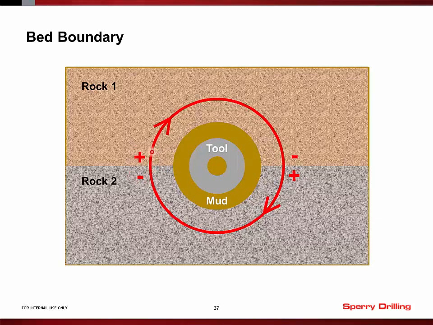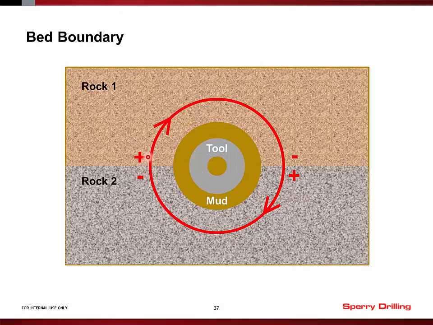And when that happens, you get an accumulation of charge. You can think of this as somewhat like a capacitor in an electrical circuit. The charge builds up at the boundary, and that, as we said before, is an alternating current. So this alternating charge that's generated actually acts like another transmitter in addition to the main transmitter on the tool.